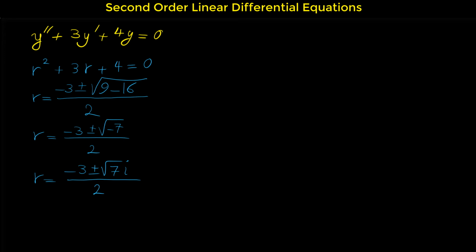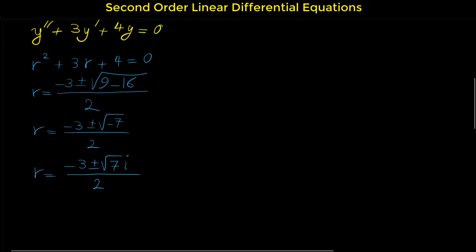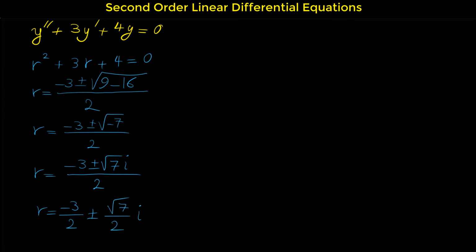Similar to our previous example, if we separate the terms in the numerator by the denominator, if we divide everything in the numerator by the denominator, we can write r as negative 3 over 2 plus or minus the square root of 7 over 2 times i. Here, this is a and this is b.